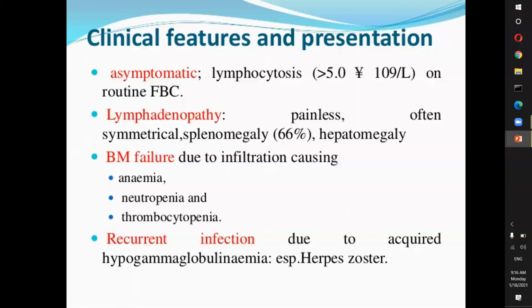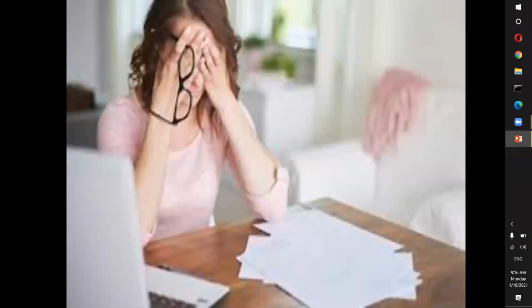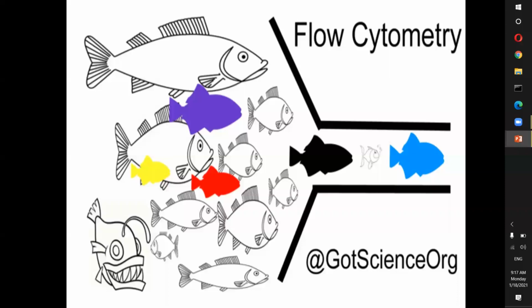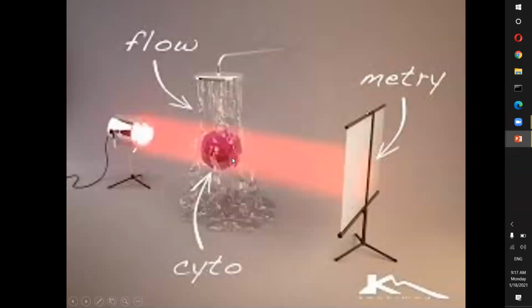How can you diagnose a patient with CLL? What is the diagnostic technique you want to do in the patient? We have a special technique called flow cytometry. What is flow cytometry? We take blood.